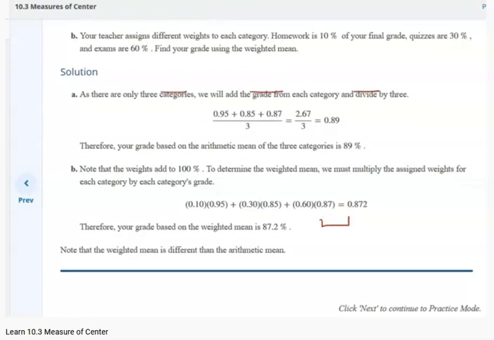But as we have in our course and in most courses, the various categories have a different weight.